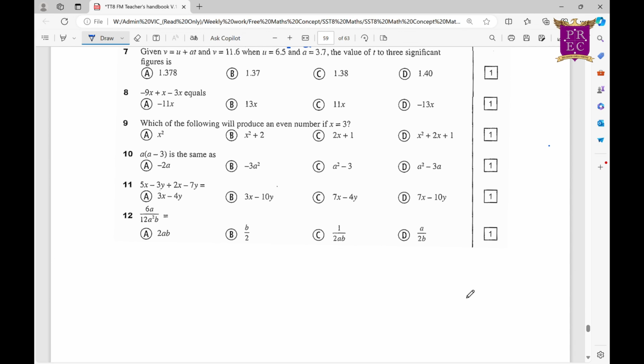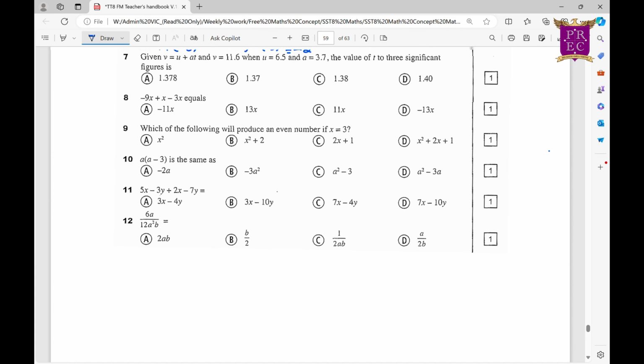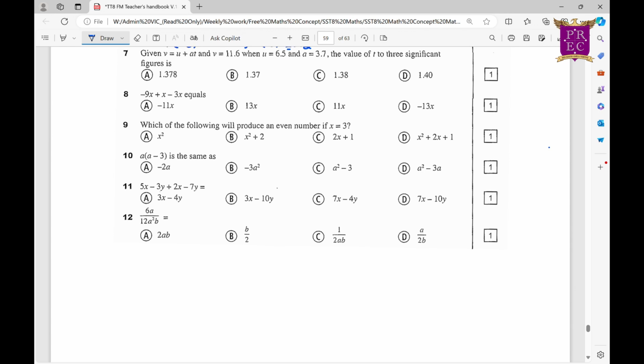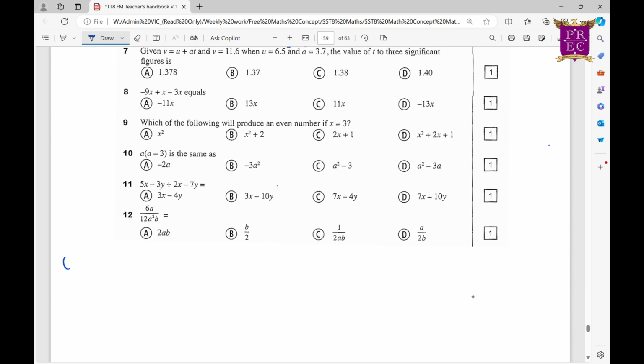All right. And now we have given that V equals U plus AT, and it's basically asking us to find the value of T. So I'll do question 7 here.